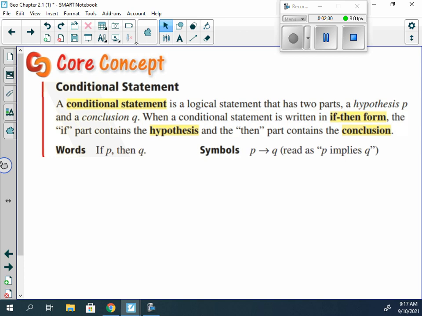And that's really what we'll be looking at first, and really rewriting statements or sentences in if-then form, and looking at the hypothesis and the conclusion.